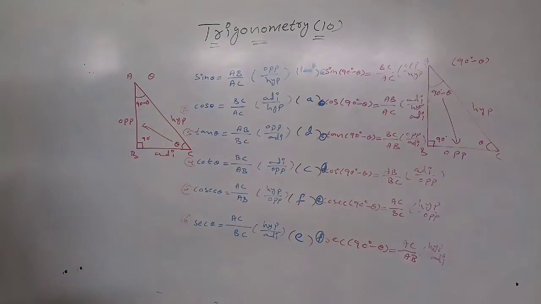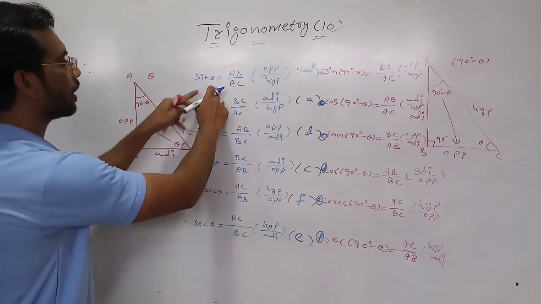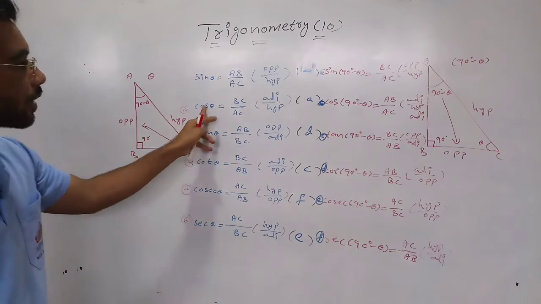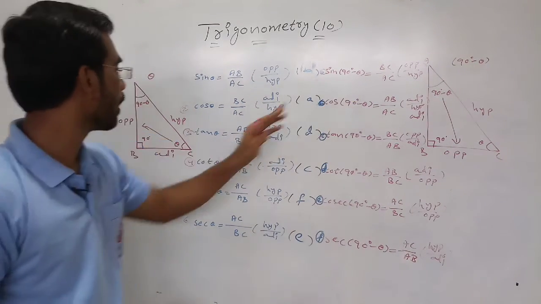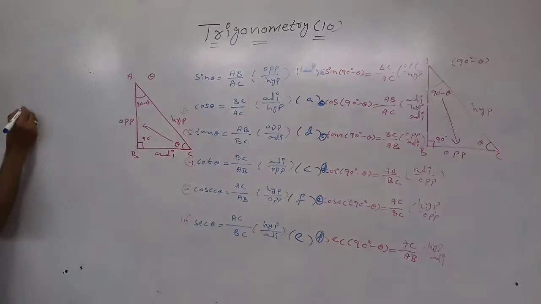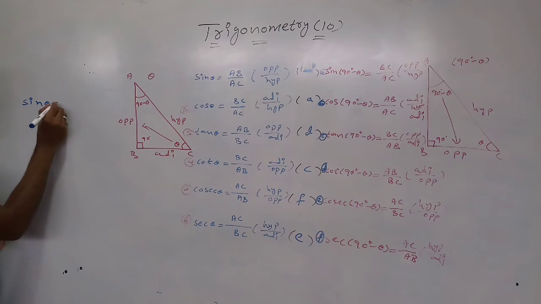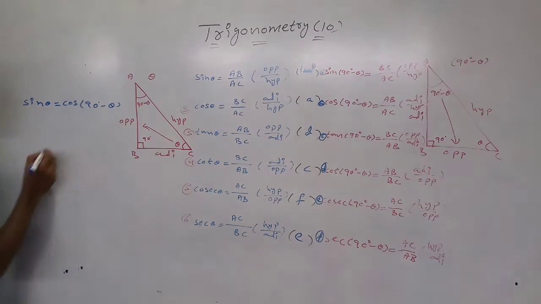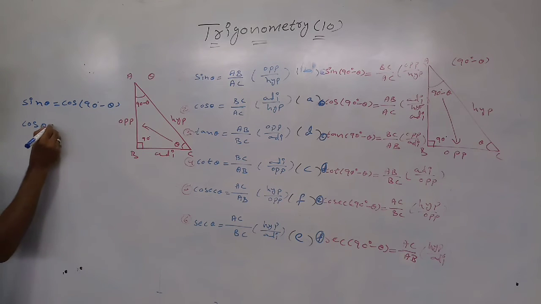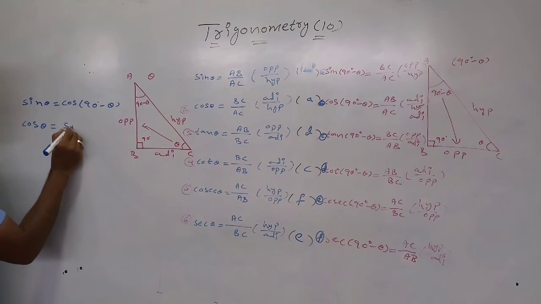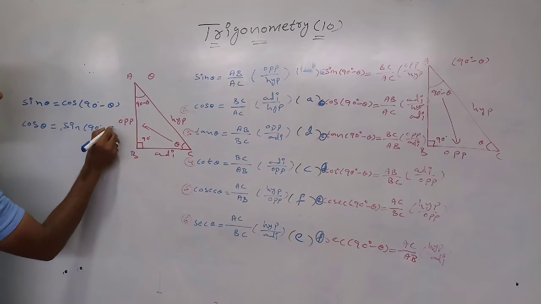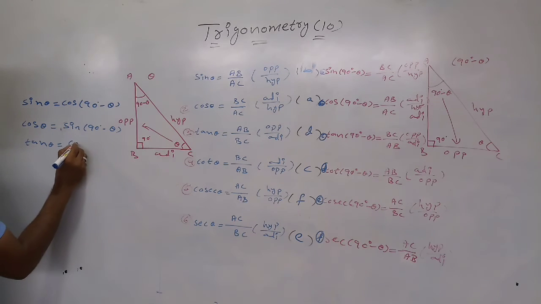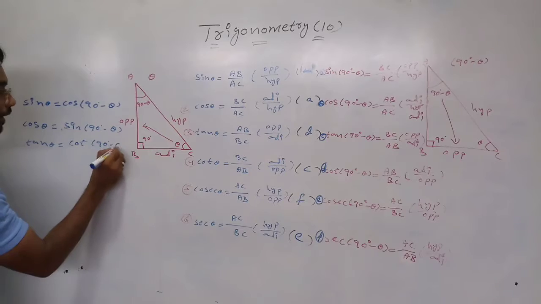That means sin theta is equal to cos 90 minus theta. Then cos theta is equal to sin 90 minus theta. Then tan theta is equal to cot 90 minus theta.